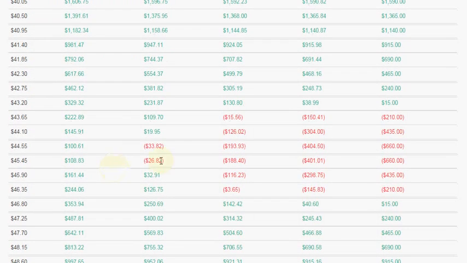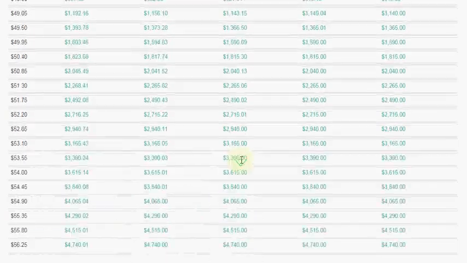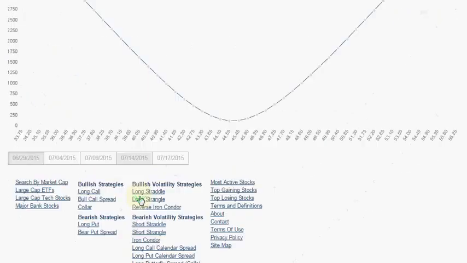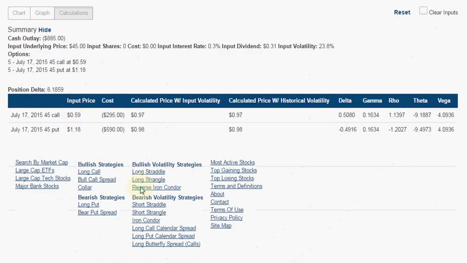You can see it's similar to what we had before with our long straddle graph, and calculations. Hopefully in the future I will do a YouTube video explaining a lot of these things, delta, gamma, rho, theta, and how we go about calculating the theoretical price.